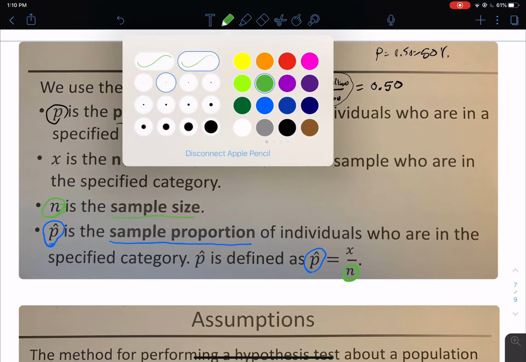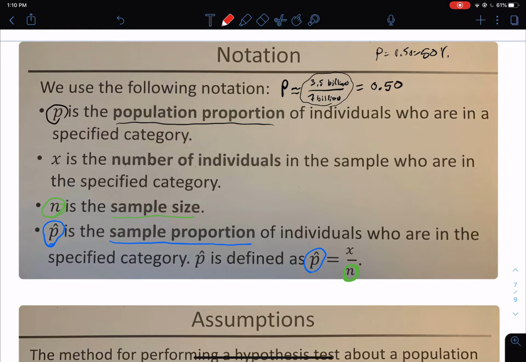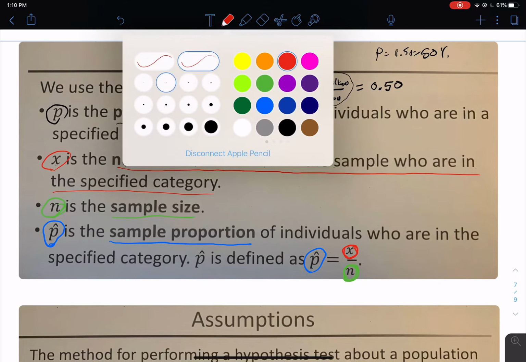And what is the numerator? The numerator is x, which is the number of individuals in the sample who are in the specified category.